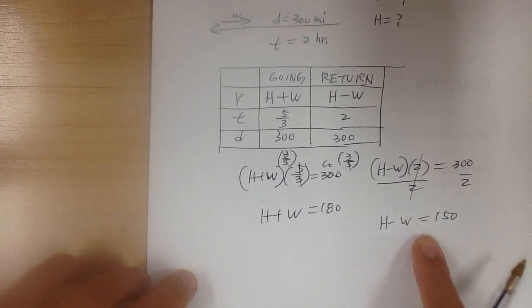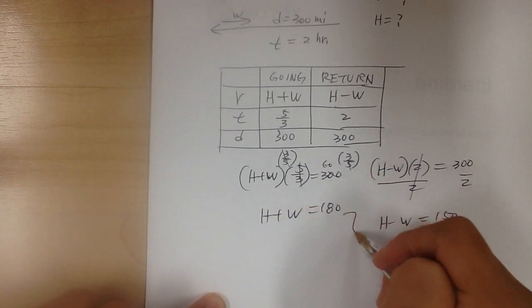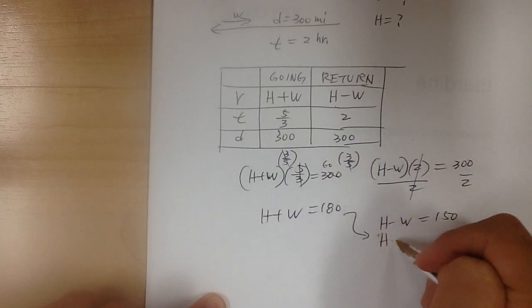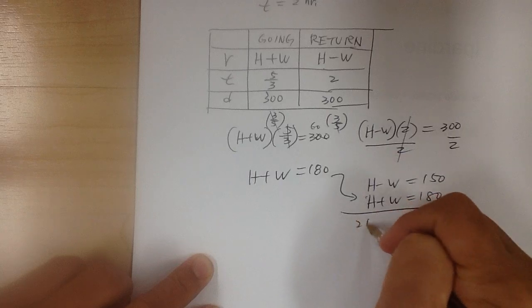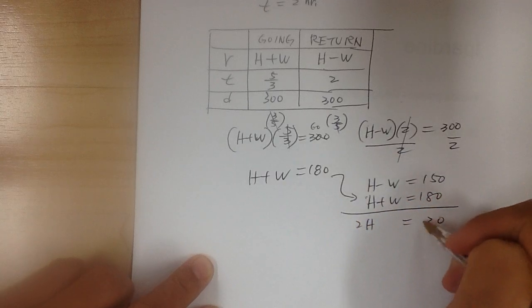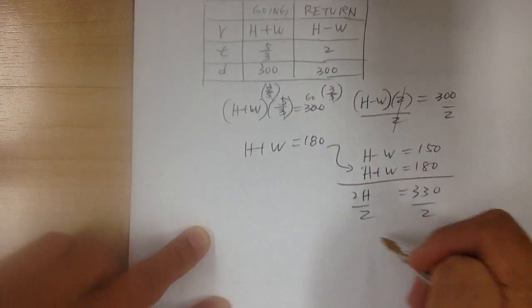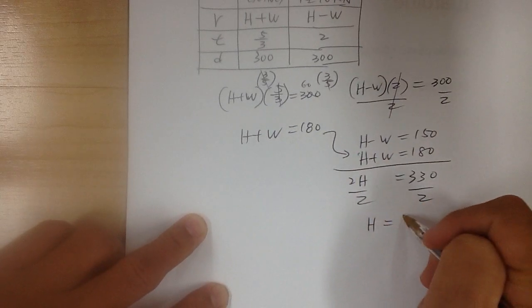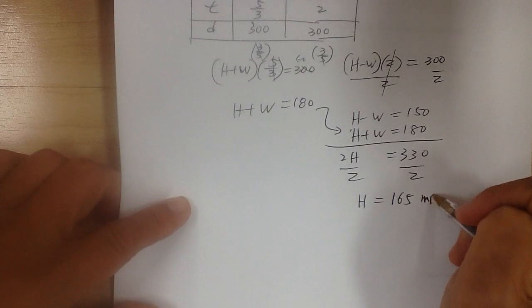Now I got two equations. Notice that the w is already opposite, so I'm going to put this under here to eliminate the w. So when I add this, I get 2h equal to 330, divided by 2. So the speed of the helicopter would be 165 miles per hour.